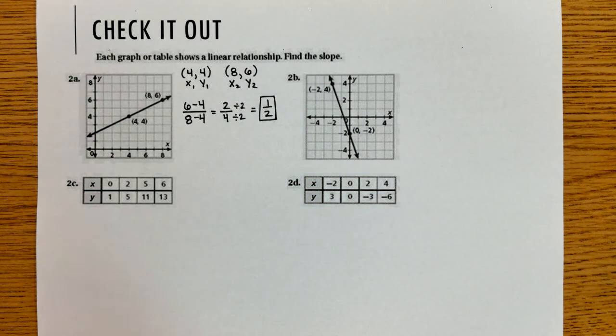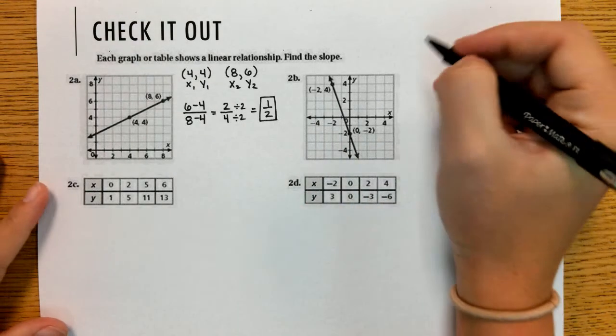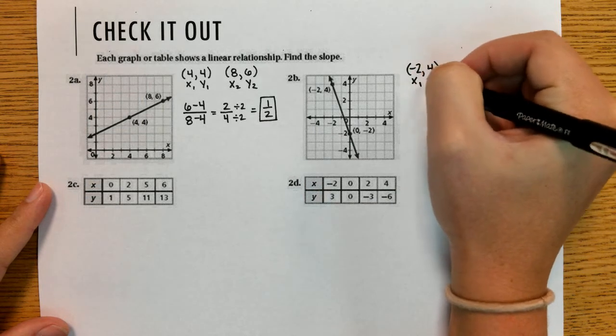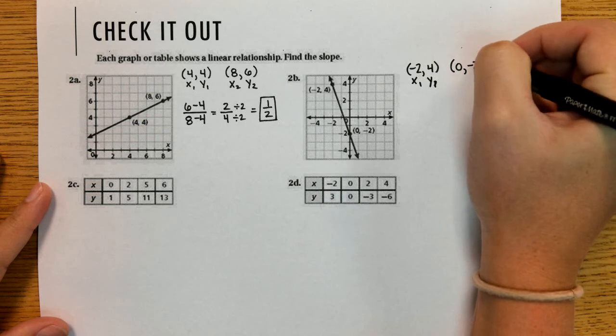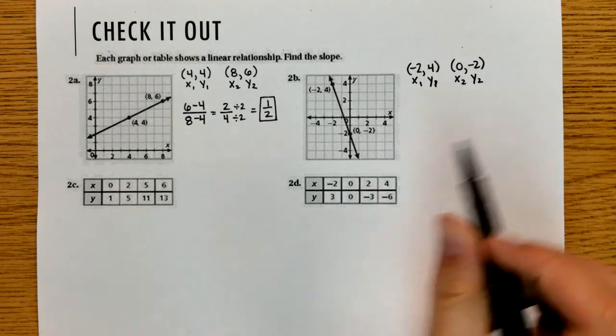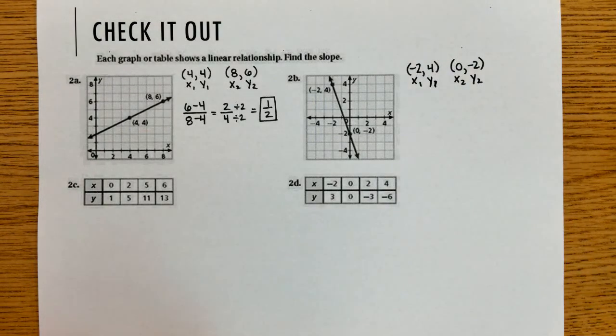Second example, B, we have the coordinates -2, 4 and 0, -2. So I'm going to name -2, 4 as my first coordinate, and then 0, -2 as my second coordinate, so x2, y2. Now remember, if you named this coordinate as your first one and this as your second, you should get the same answer.